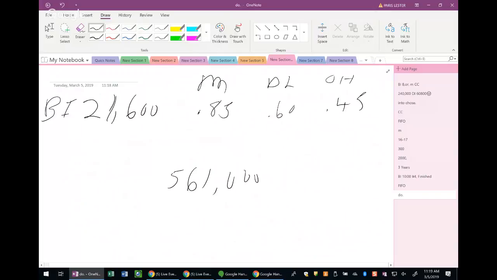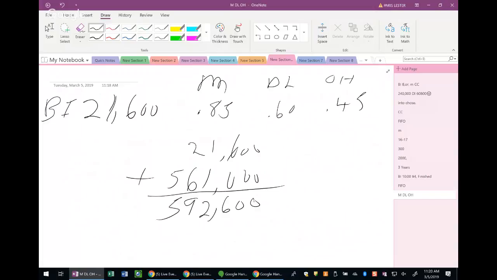All right, now here's what we have before we go up here and do any calculations. We had 21.6 and we have 561. That gives us units to account for. Looks like 592.6, don't it? Now, they've got to tell us how many is in ending inventory. How many is in ending inventory? 13,700.